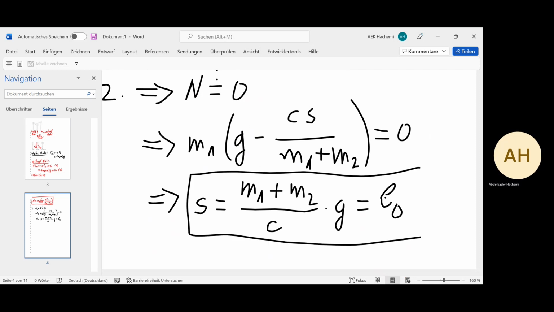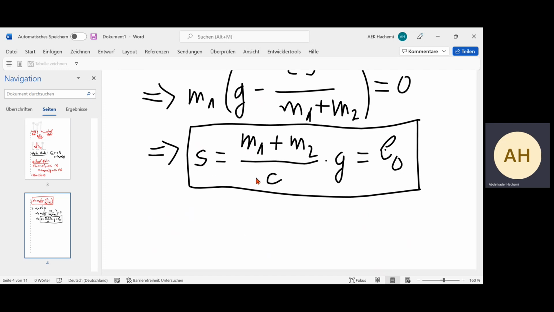This is the case where the mass M1 can lift off the mass M2. Okay, this is the position where it can be, it's only L0.